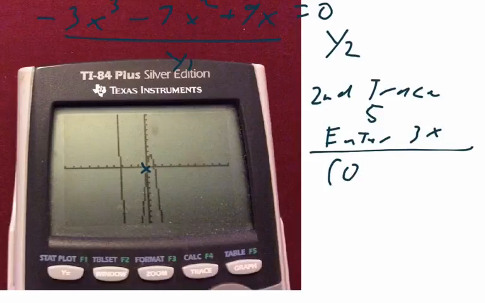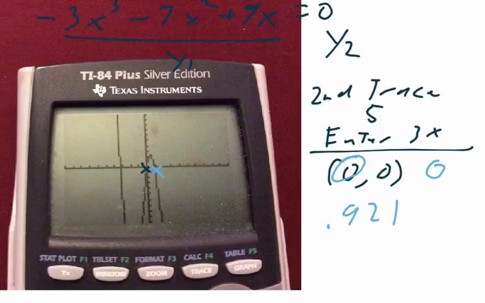And it tells me that the first point is at 0, 0. Then I'm going to do my next one over to the right. So second trace, intersect. When I get to the guess, I'm going to have to move over to the right. And it tells me that the answer is 0.921. We're only worried about the x value.